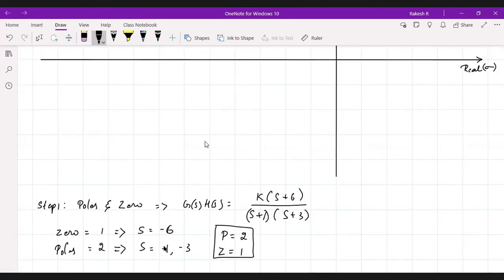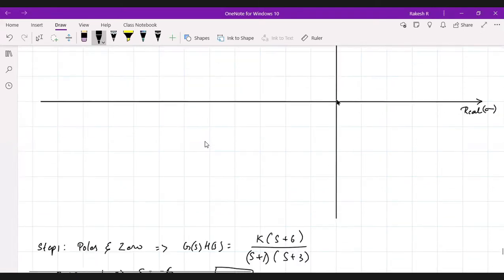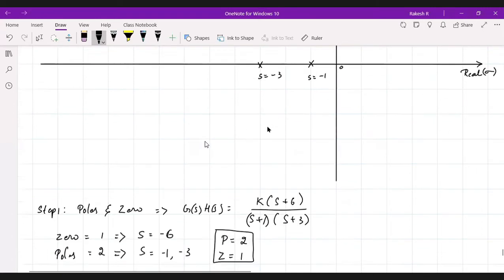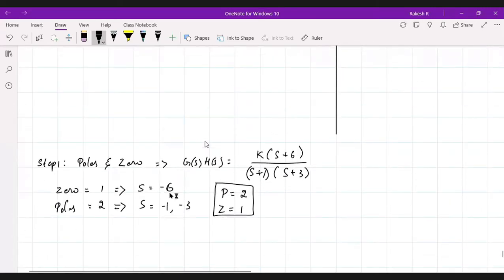First I shall go with the poles, minus 1 and minus 3. s equals minus 1 is the pole, and one more is s equals minus 3 here. These are the 2 poles, and the zero we have is minus 6.